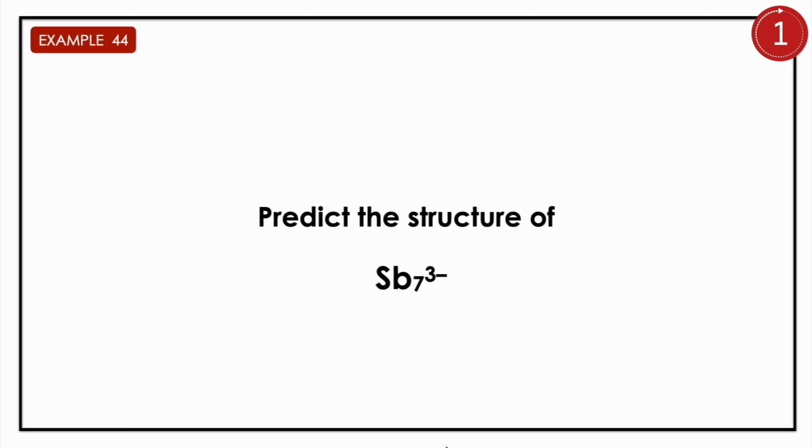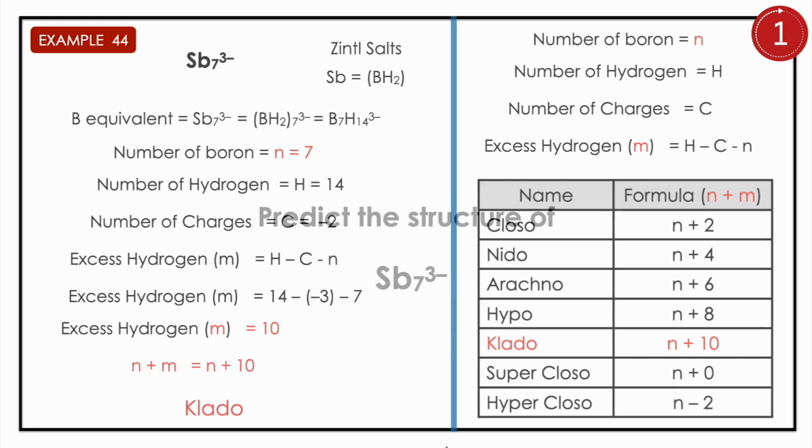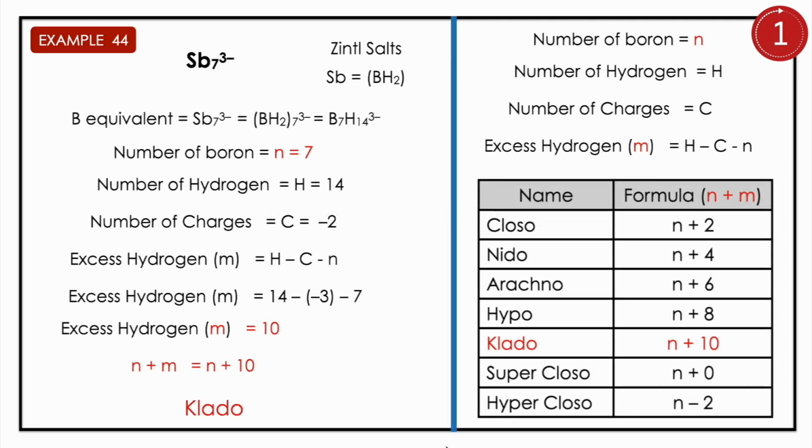Then the next example, here you have Sb7 3 minus, that is the antimony 7 trianion. It is a Zintl salt. You should find the structure of the molecule using Wade's rule. The compound is only made up of antimony 7 with 3 minus, so it is a Zintl salt. For a Zintl salt, you should write the boron equivalent.